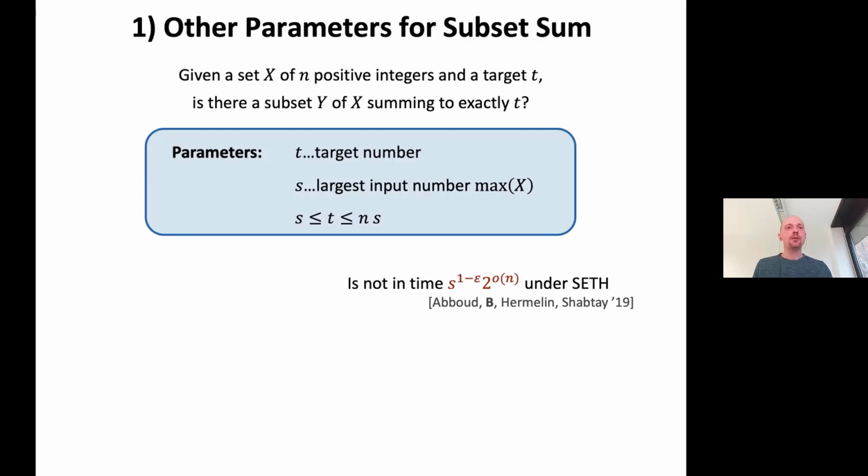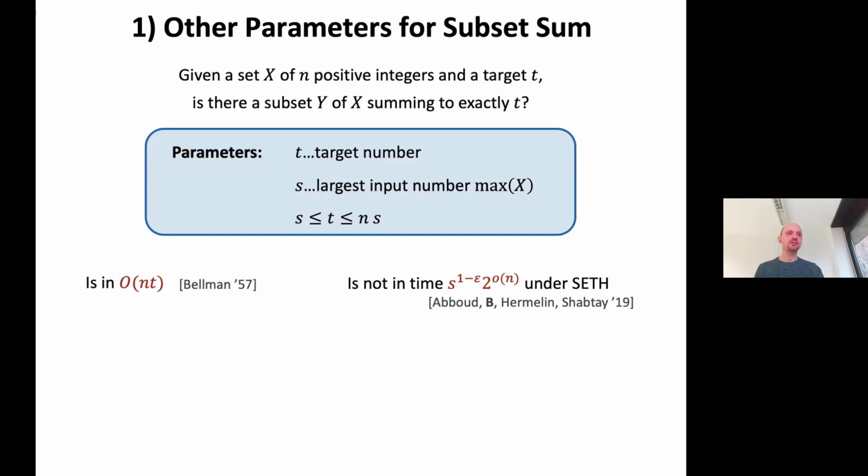Now, okay, the lower bound directly transfers because the lower bound is in the case where the number of items is just logarithmic in the parameter. So then this relation is tied up to a log factor, so the lower bound actually transfers. You cannot solve it in time s to the minus epsilon times 2 to the little o of n.